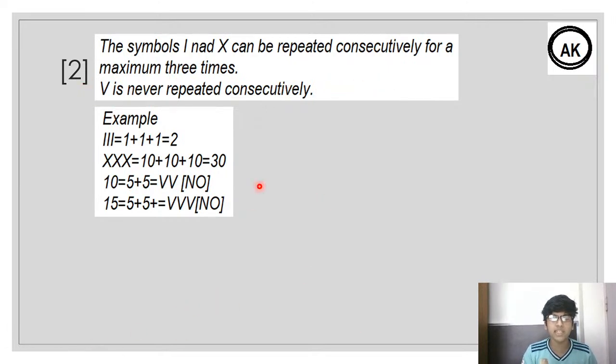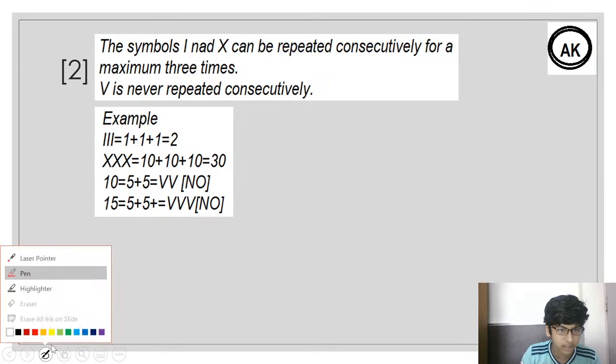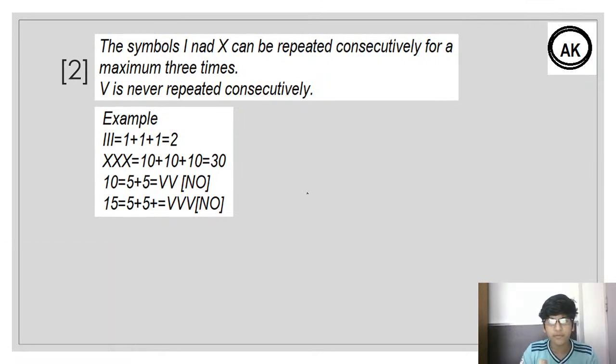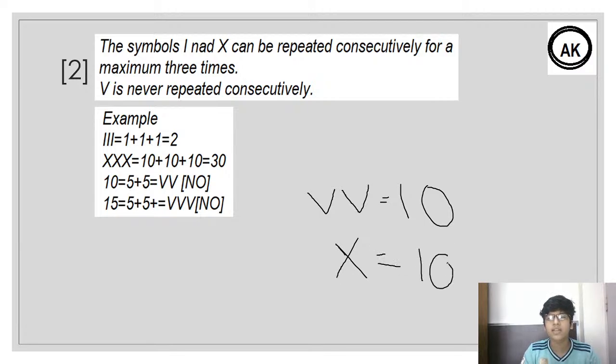I explained in the previous lesson, listen, I will explain to you. If we write V and V, it nothing but means 10. So how do we write 10? If we write X, this also means 10. So what is correct?